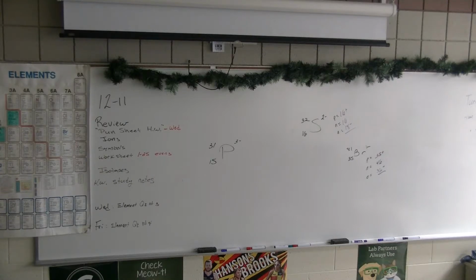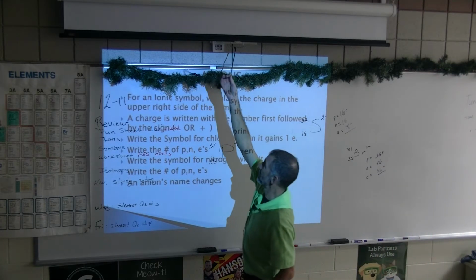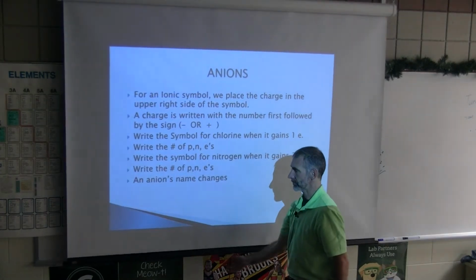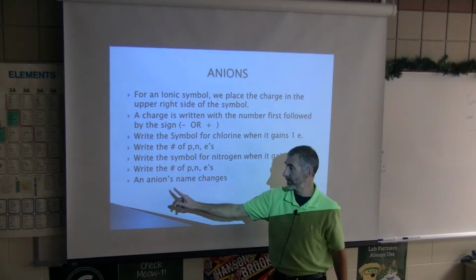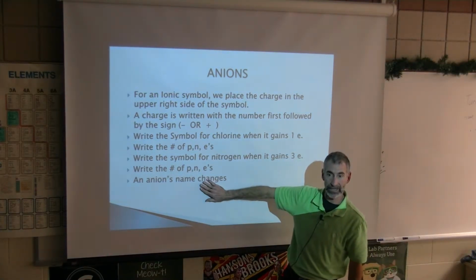Okay, here's a little bit of advanced thinking for us. These anions are going to change the name of our substance. When you have an anion, we have a special name for it. The name is going to change.